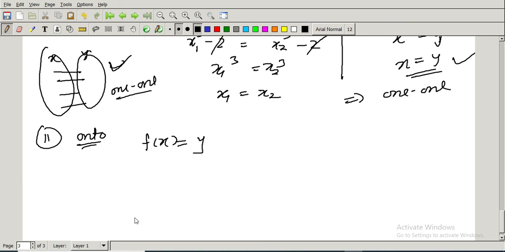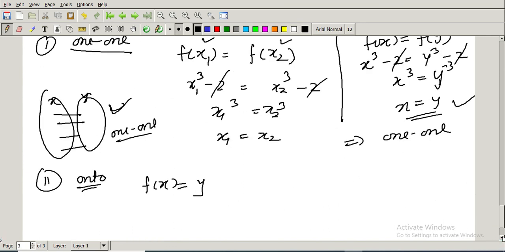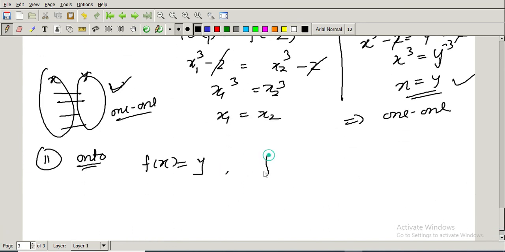Here f(x) is x cube minus 2, so y is equal to x cube minus 2.